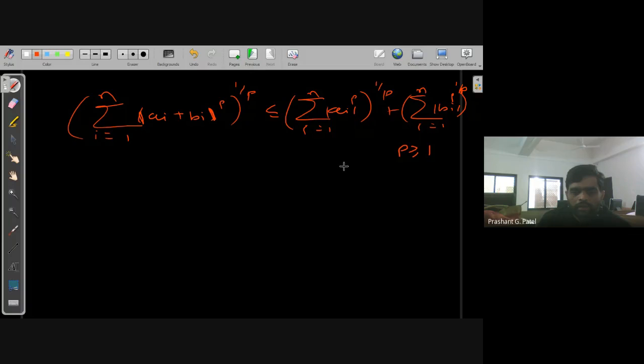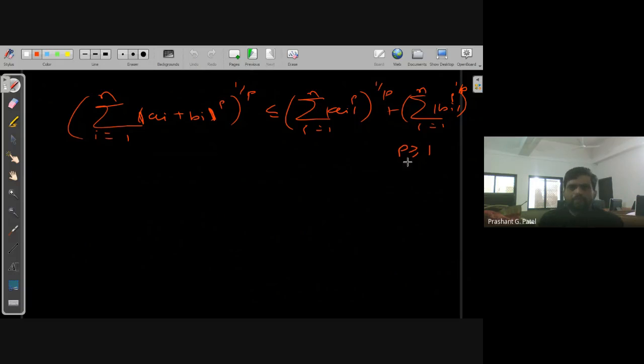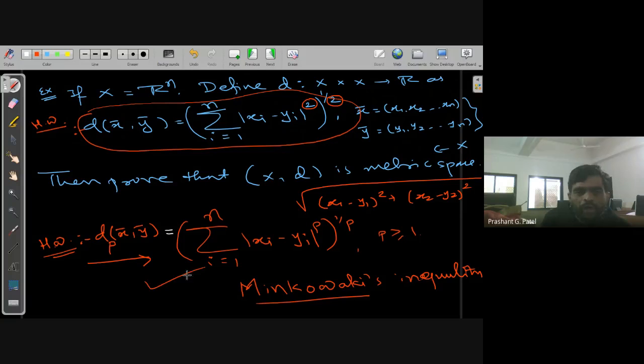Here also, in the previous one, p will be greater than or equal to 1. Okay, so this is the Minkowski inequality, and you require it to prove the triangle inequality for this structure.